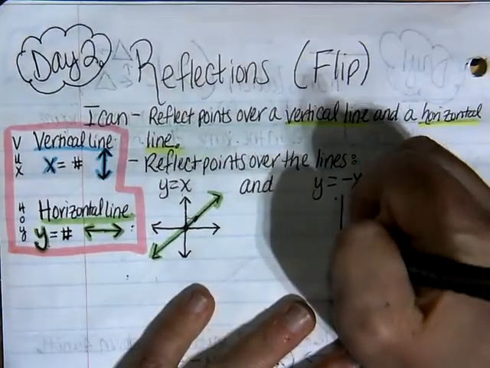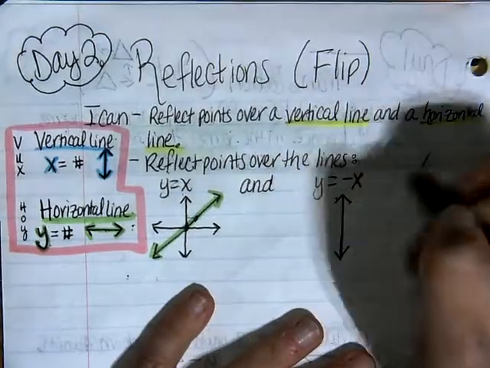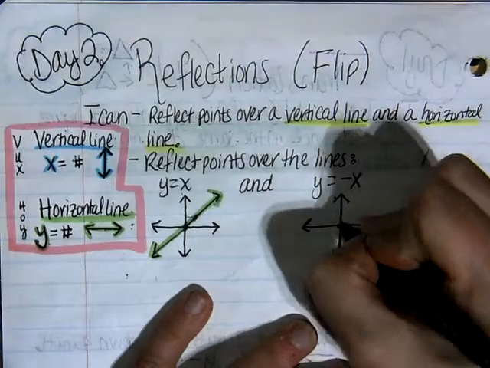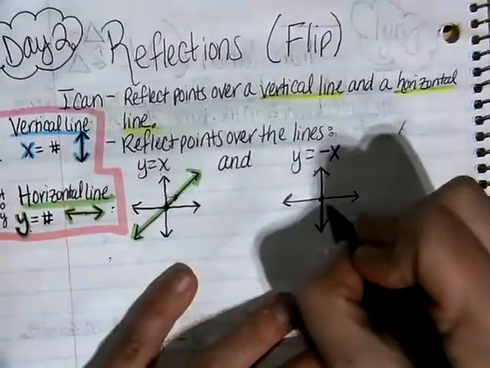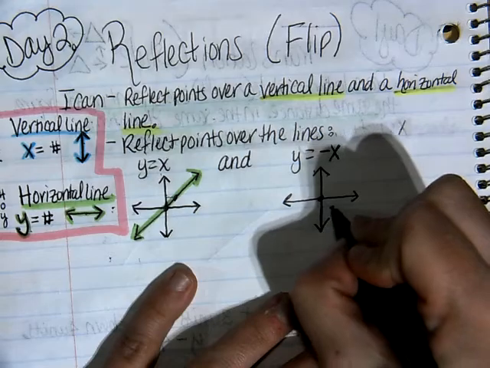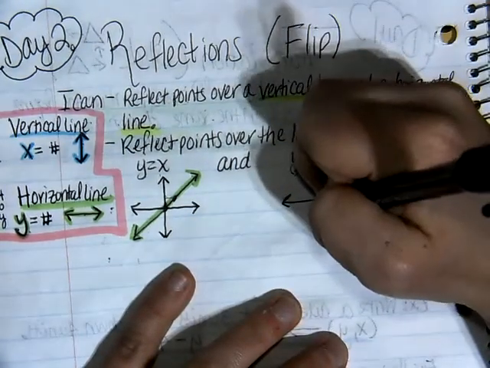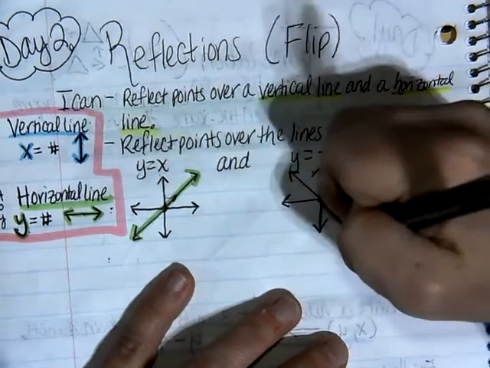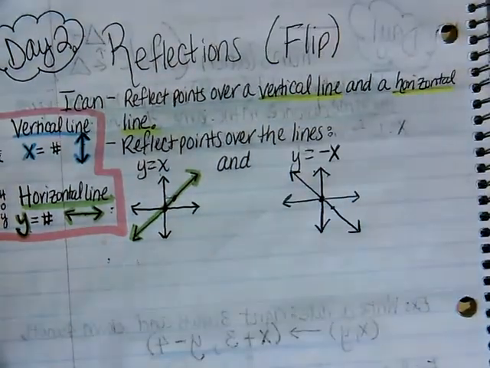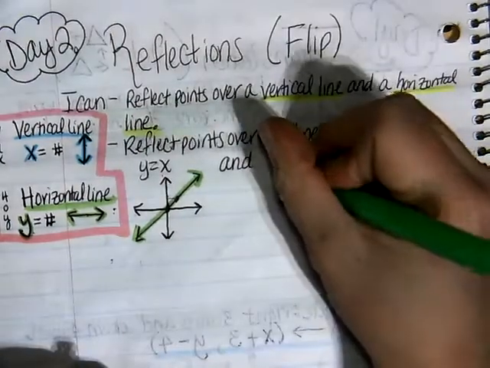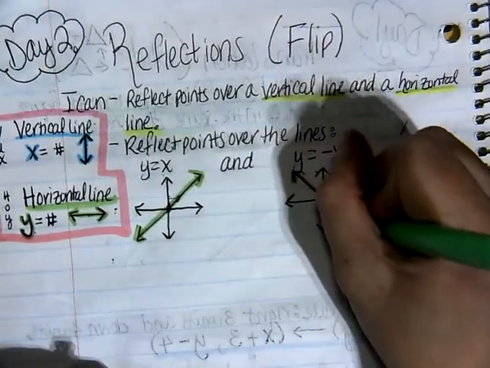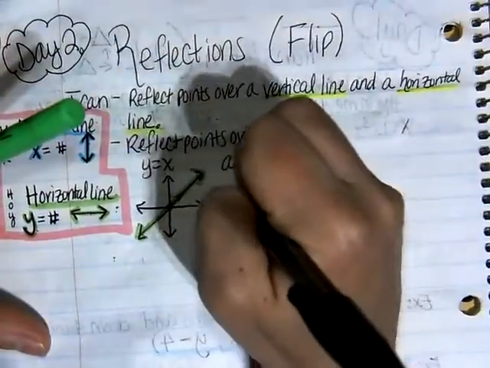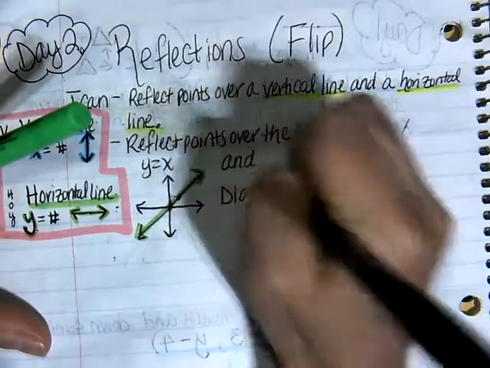The graph for y equals negative x looks like this. It has a y-intercept located at 0, 0, but its slope is going down 1 to the right 1. It is also a diagonal line and a line that we will be working with in today's lesson. Once again, these are diagonal lines.